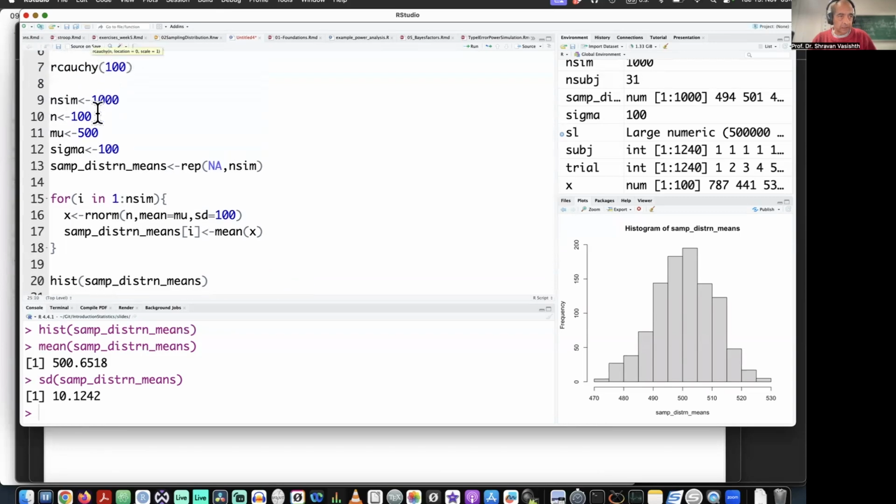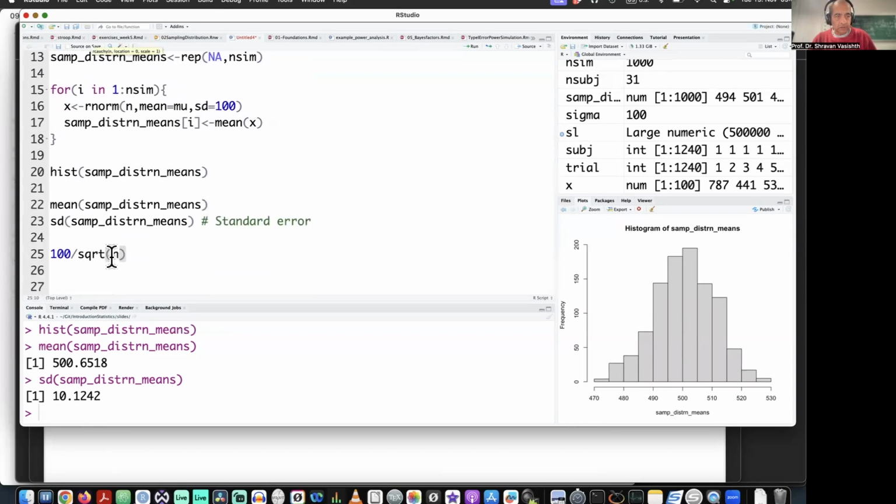So n is 100 here. So that's why I just wrote square root of n here, right? So this quantity, 100 divided by the square root of n, is going to be the true quantity that we are estimating when we compute the standard deviation of the sampling distribution of the means, right?